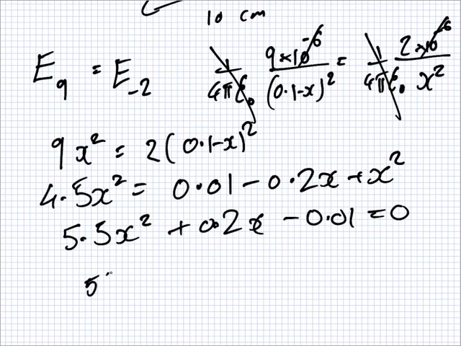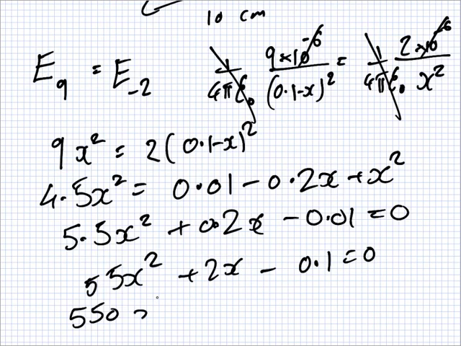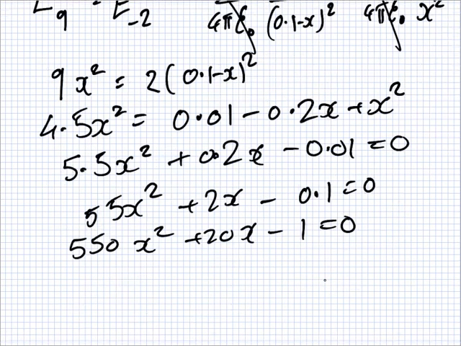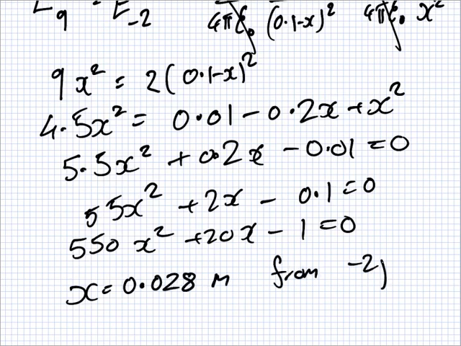So you have 55x squared plus 2x minus 0.1 equals 0. 550x squared plus 20x minus 1 equals 0. Alright, so we have to use the formula here. And I got x equals 0.028 meters from the minus 2 microcoulomb.